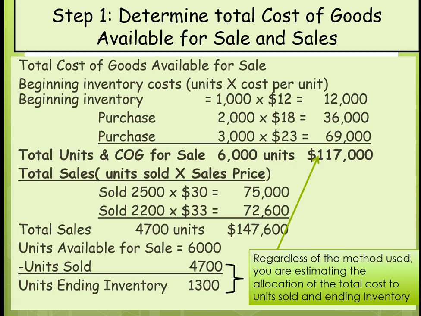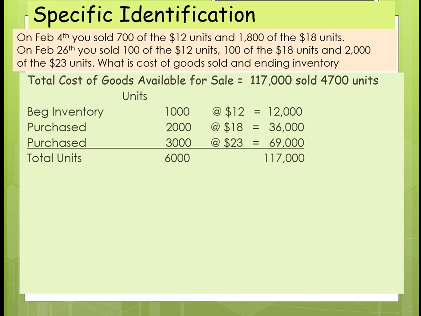So now let's go back to our problem. We sold these units at different times, so now we know that on February 4th we sold 700 of the $12 units, which left us with 300, and we sold 1,800 of the $18 units, which left us with 200.